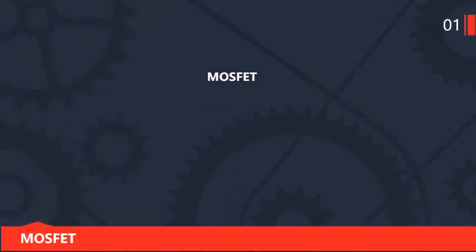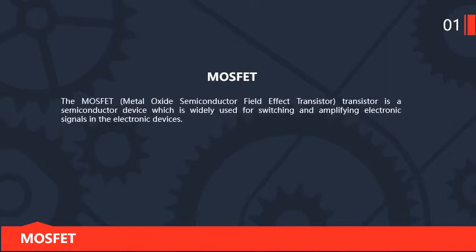So first question is, what is the full form of MOSFET? The full form of MOSFET is metal oxide semiconductor field effect transistor. आप देख सकते हैं इसमें लिखा हुआ है full form.